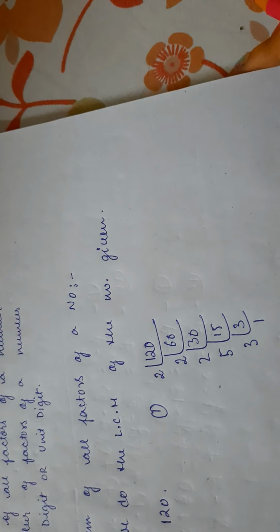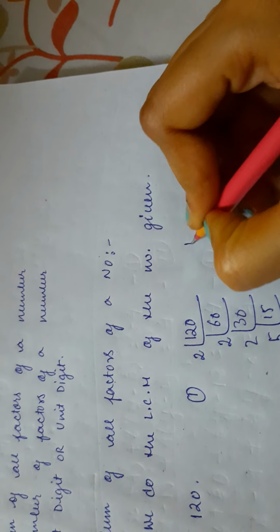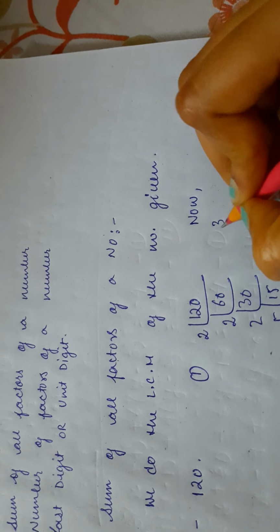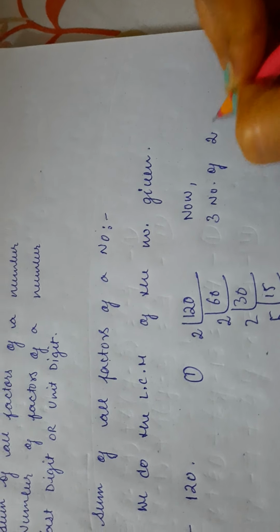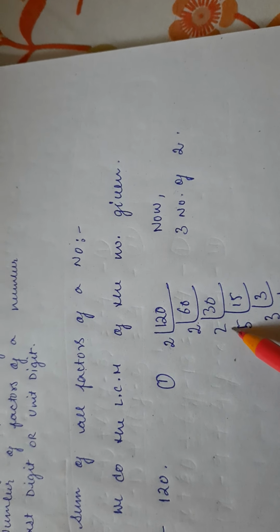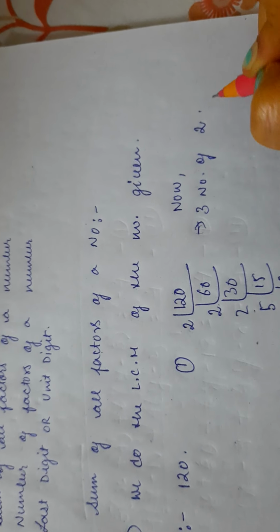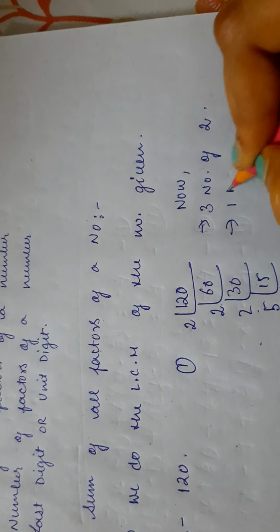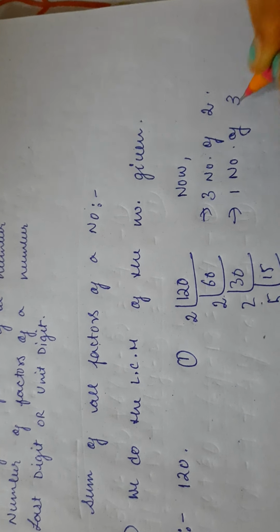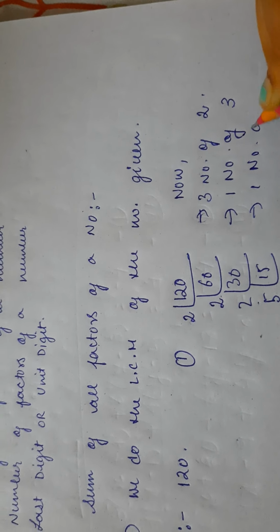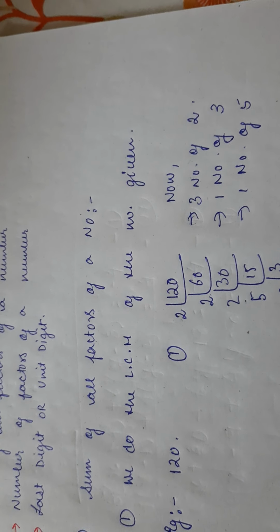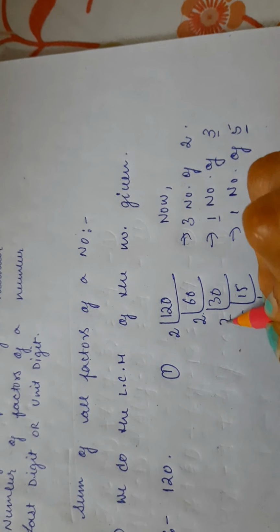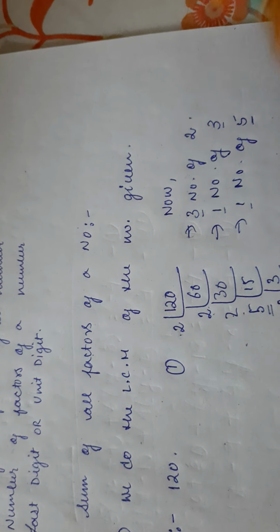Now from this LCM we got three number of 2, one number of 3, and one number of 5. So we wrote one number of 3 and one number of 5. As we have three 2's, we wrote three number of 2.